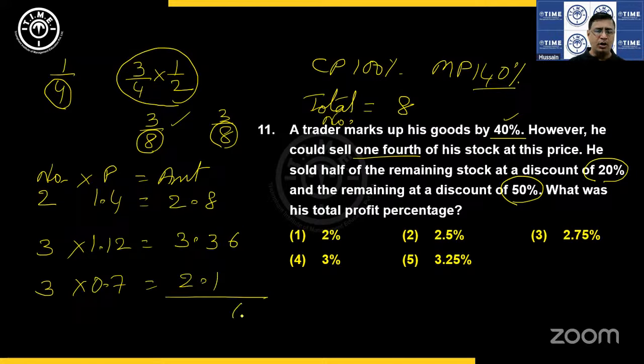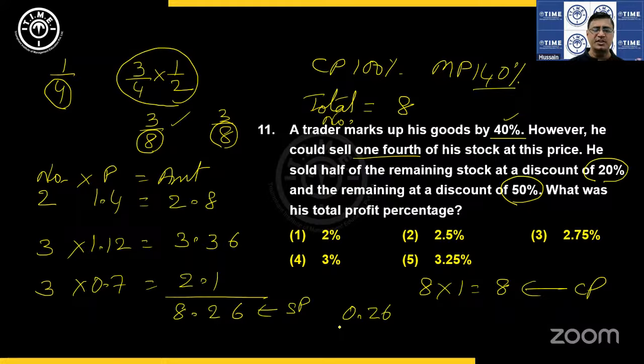By adding all these values, it will give 8.26. 8 articles, value is 1, means total cost price is equal to how much? 8 rupees. But here, how much he received? 8.26. Means 0.26 is the profit upon 8 into 100. Means profit percentage, profit by cost price into 100.